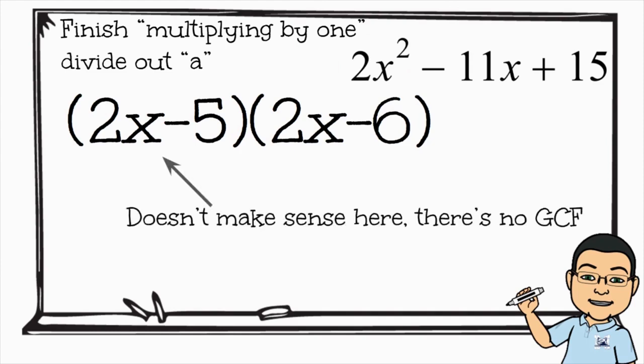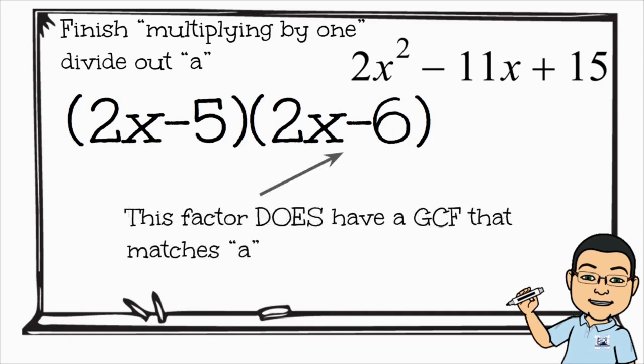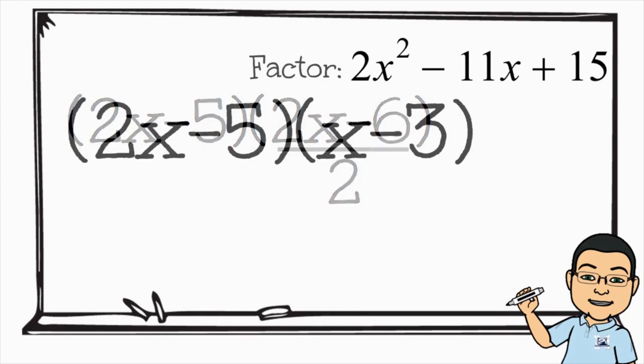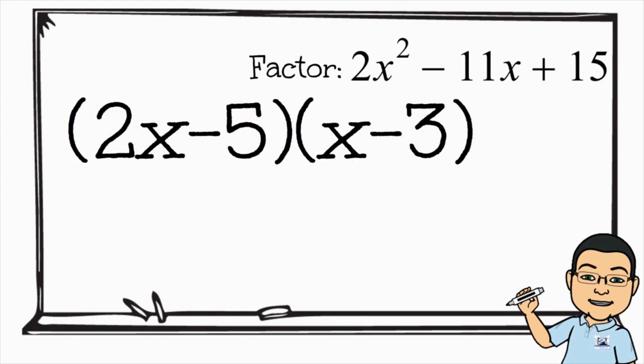And so we can look at our two groups and say, well, it doesn't make sense to take 2 out of this first pairing. There's no GCF there. But if we look at the second pairing, there is a GCF, and that GCF is 2. If we divide it out, we have our factors for 2x squared minus 11x plus 15.